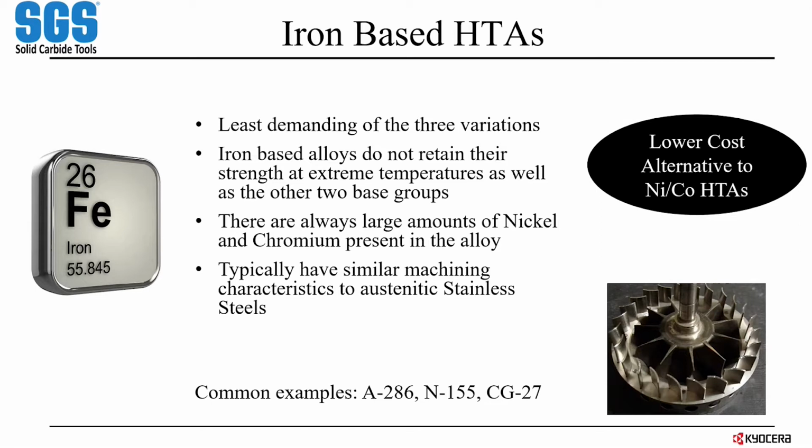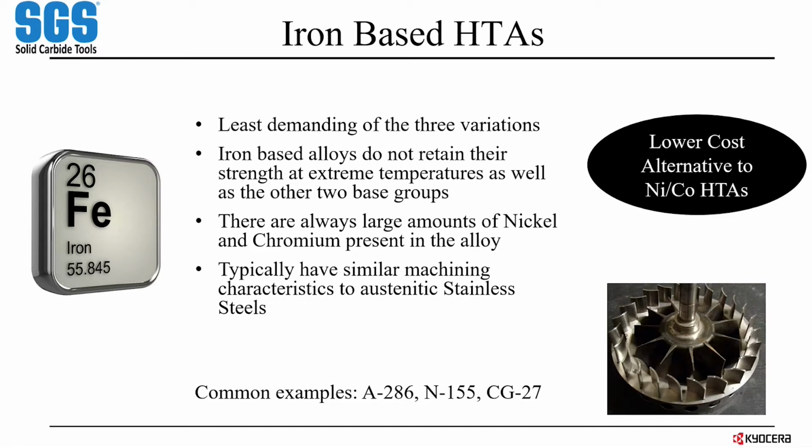So iron-based HTAs. These are going to be your lower cost alternative to your more common nickel and cobalt based HTAs. They are the least demanding of the three. They have the higher machinability. They don't hold up quite as well in some of the extreme temperatures that you'll see the other two holding up well in.